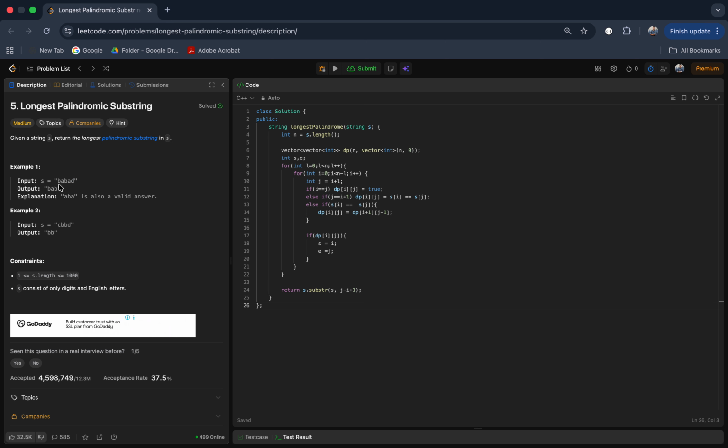BAD will be indexes 0 1 2 3 4, and from 2 to 4, 4 minus 2 is 2, so we would be taking 2 characters only, but we want 3 characters from 2 to including 4. That's why we are doing plus 1.